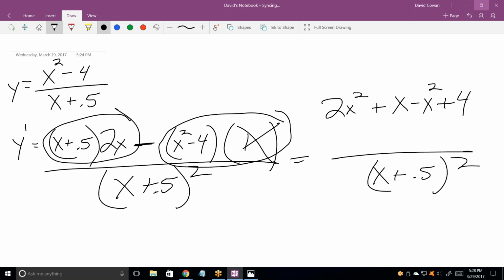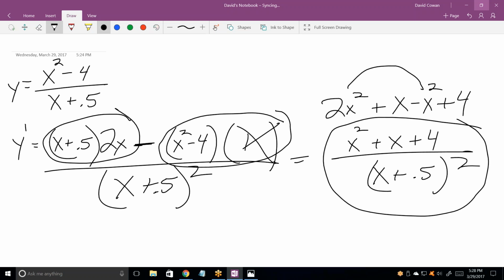So now simplify that numerator, and let me write the new numerator down here. Okay, so it would be, combine those two, 2x squared minus x squared, it would just be x squared, plus x plus 4 over x plus 0.5 squared. There's your answer.